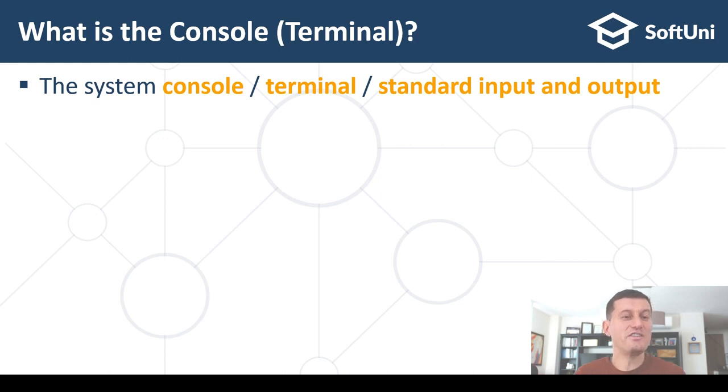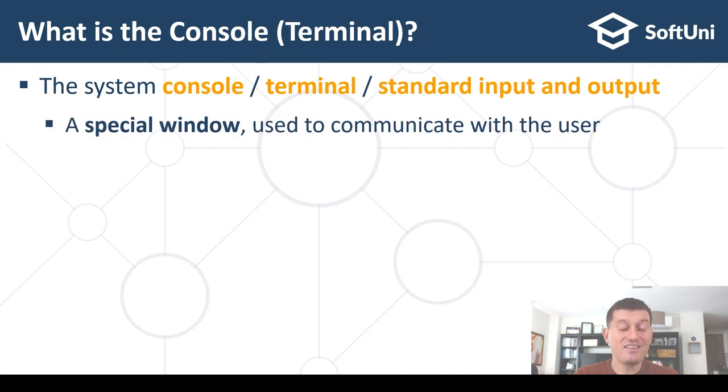Let's explain first what is the console, the so-called terminal, or the standard input and output interface for the console-based programs. It's a special window used to communicate with the user. We can consider that this is a place where the user can write something and send this data to the program.